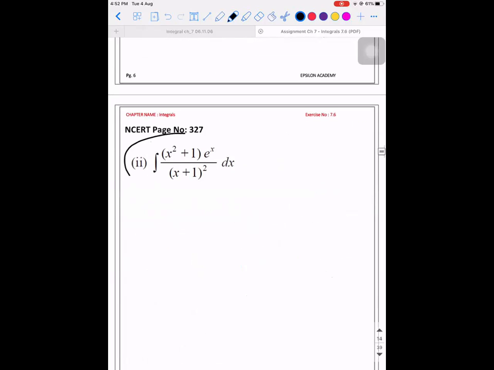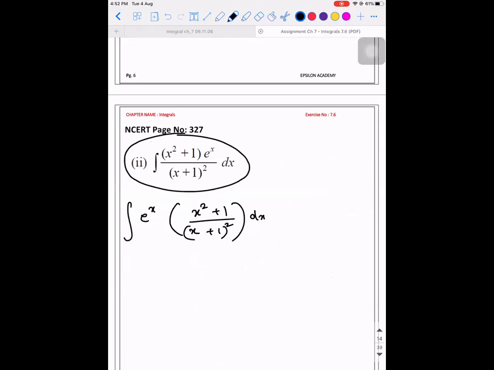So tell me, what is this one? Integral of e power x into x square plus 1 divided by x plus 1 the whole square. How do we solve this?